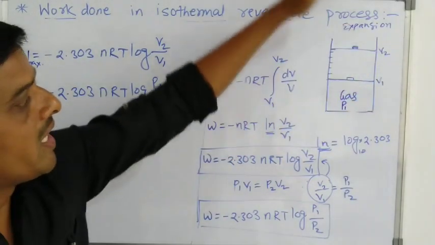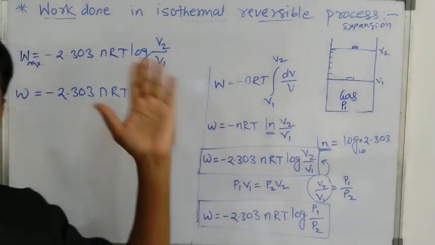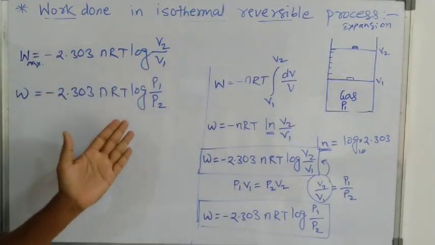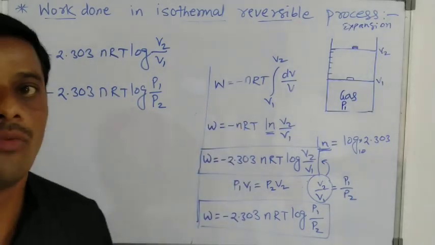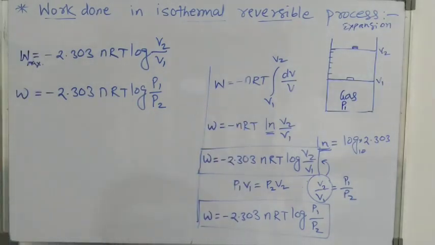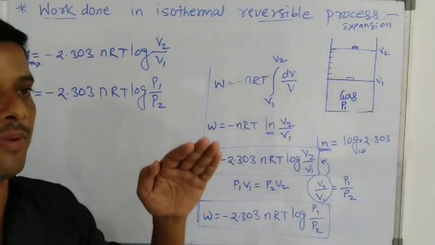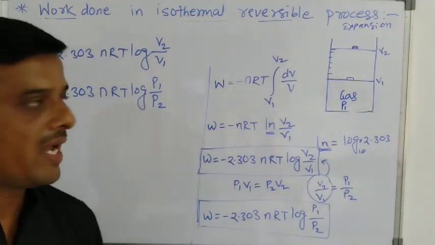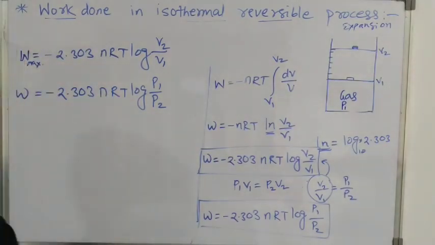As the volume increases, the pressure of the gas obviously decreases. Why? Boyle's law, or the gaseous law, says that volume and pressure are inversely proportional to each other. That is, if the volume of the gas increases, obviously its pressure would decrease, and vice versa. I hope you have understood this concept thoroughly.